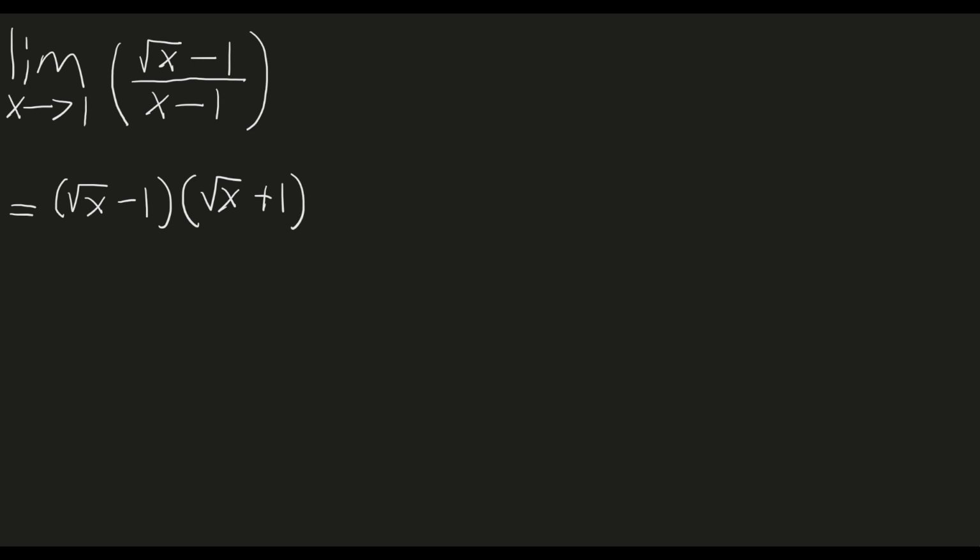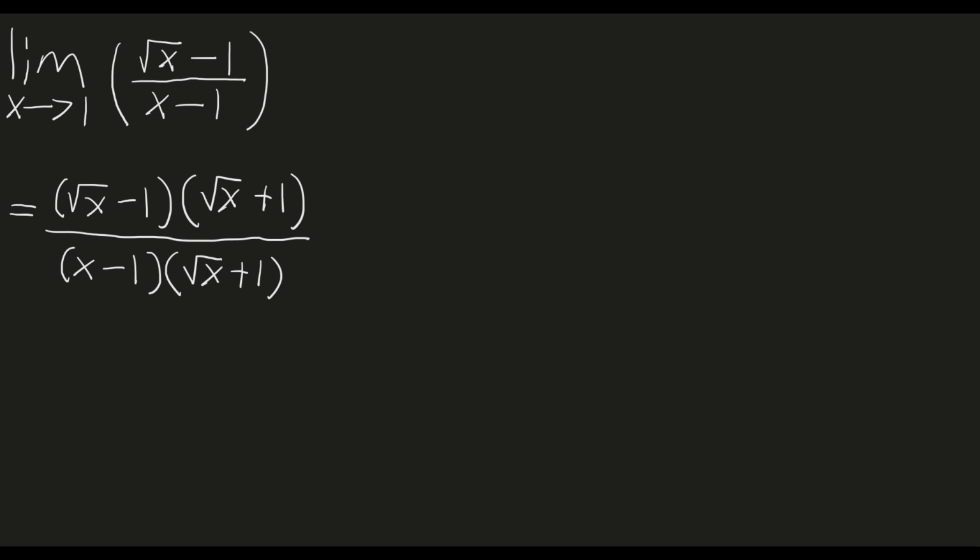So what we want to do here is, we can't just plug in 1 into the function yet, as we would get an indeterminate form. So one thing we can do is multiply the numerator and denominator by square root of x plus 1. This would get us root x minus 1 times root x plus 1 over x minus 1 times root x plus 1.